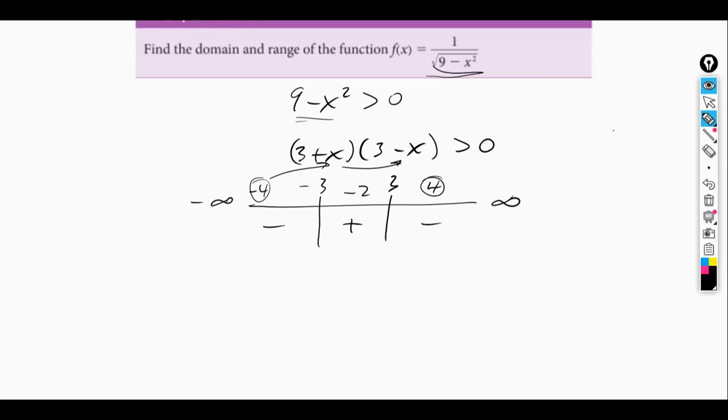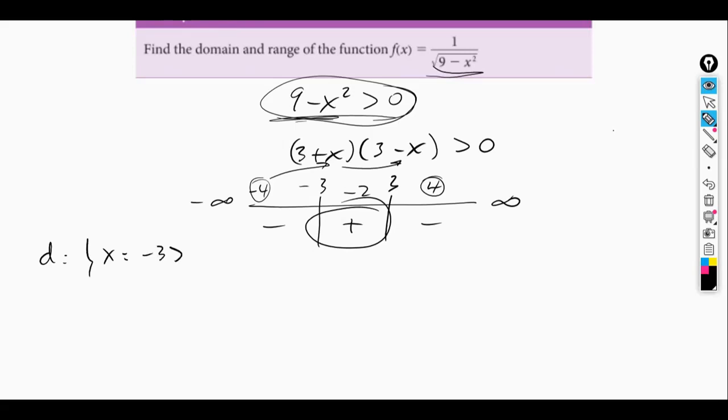What does that mean? That means that 9 minus x squared is going to be greater than 0 in this interval here. So that means that the domain is x such that x is greater than, not equal to, because that would make it 0, which is undefined. So x would be greater than -3, but less than 3.